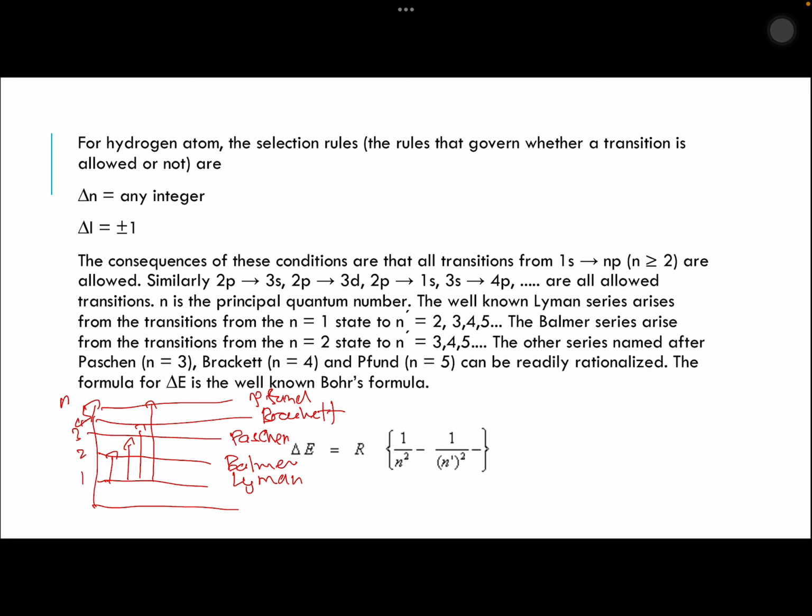Balmer starts with n equal to 2. Paschen starts with n equal to 3, and so on.